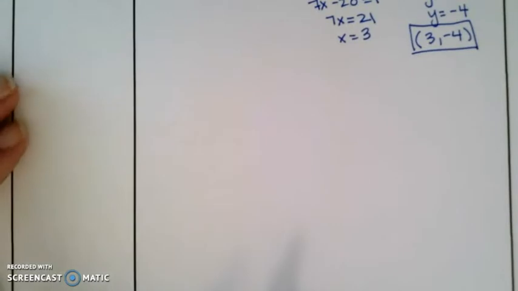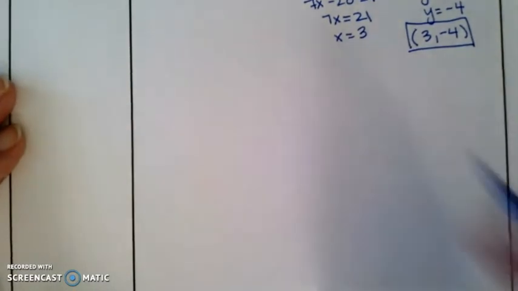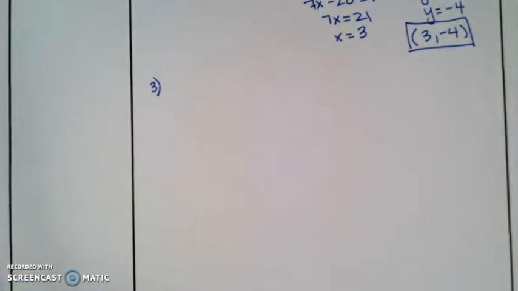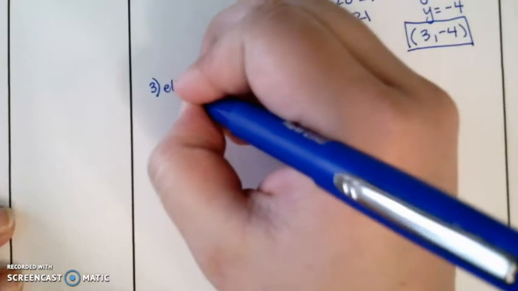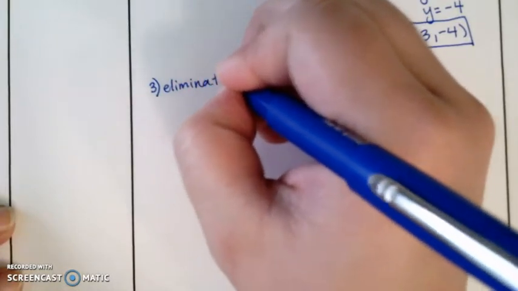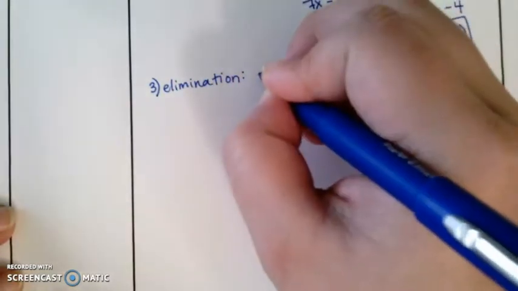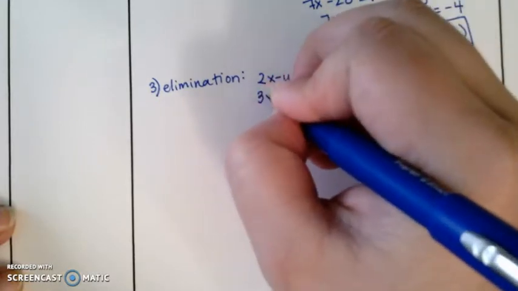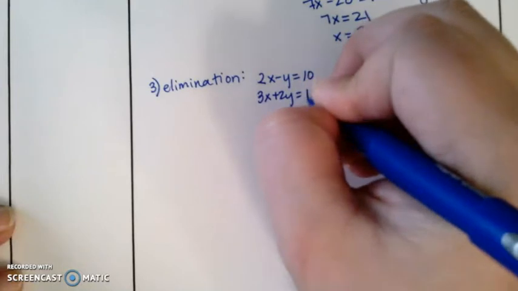All right, and the last piece is by elimination. Now, elimination means I'm going to use addition of the two equations in order to eliminate one of the variables. So, elimination, I have 2x minus y is 10, and 3x plus 2y equals 1.